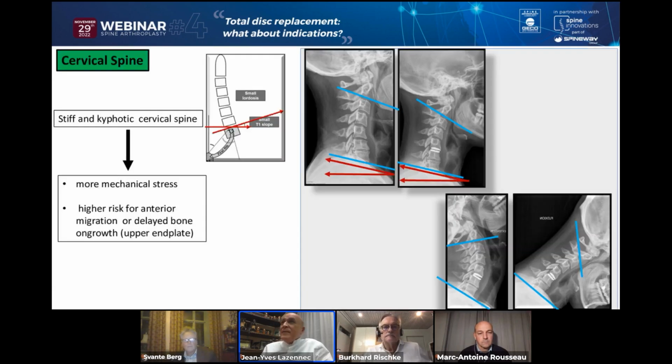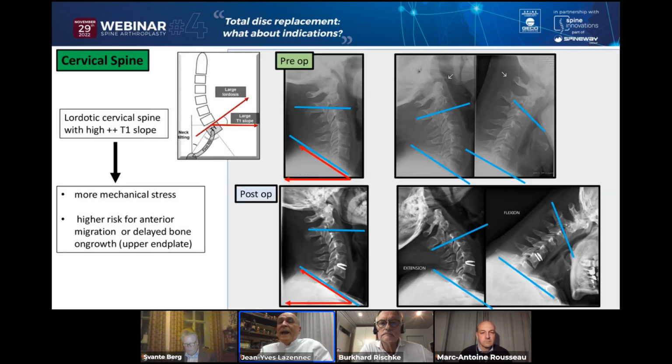Cervical spine to finish, and it was one of the questions to Marc-Antoine. The patient with a low T1 angle, so this type of stiff and kyphotic spine, we must be aware of this. And those patients with hyperlordosis with high level of T1 angulation of the end plate.